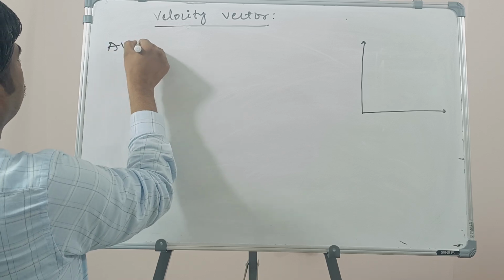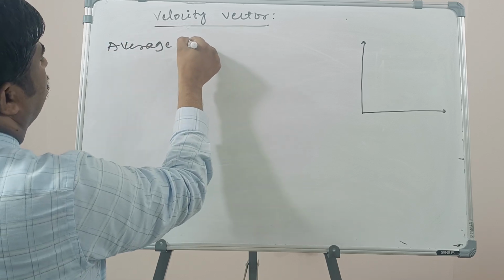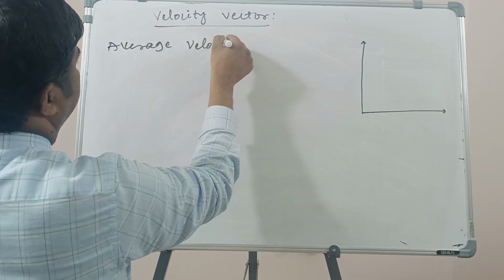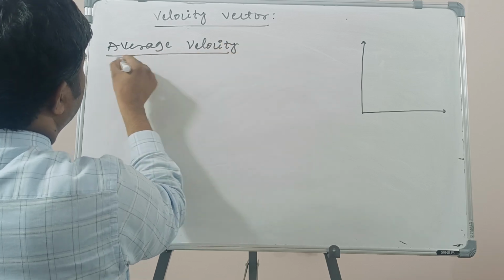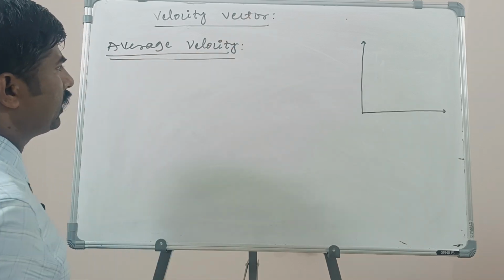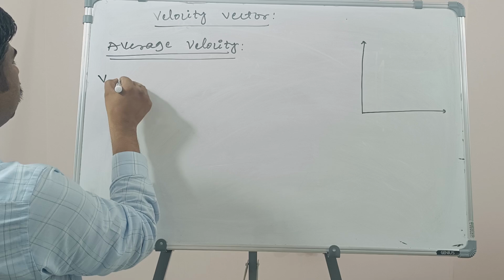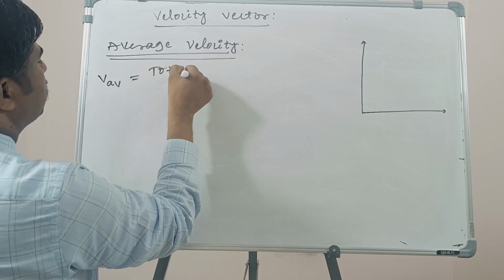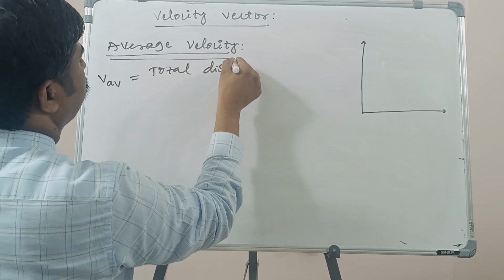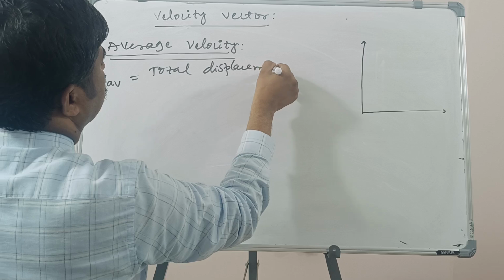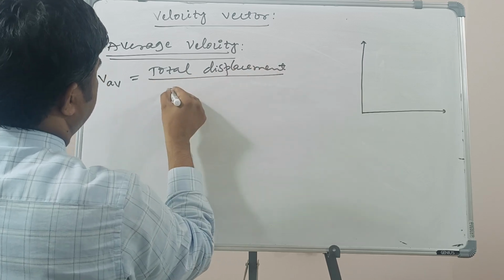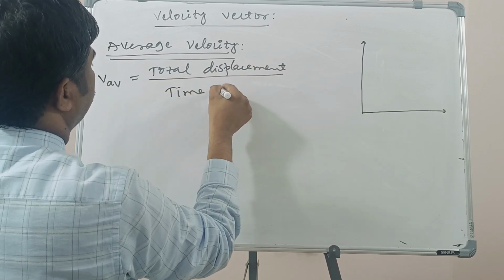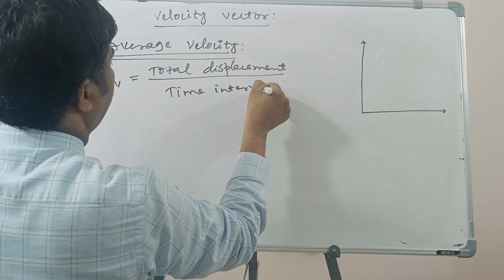Average velocity can be defined as the total displacement divided by the total time taken, or the time interval.